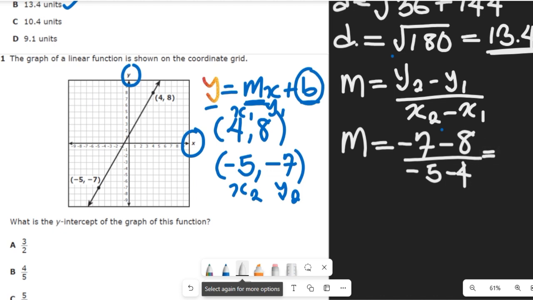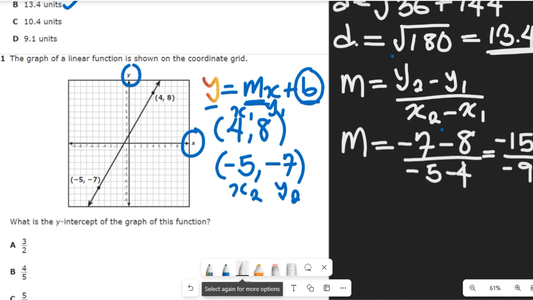Now if we simplify that, we have -7 minus 8, which gives us -15, divided by -5 minus 4, which gives us -9.